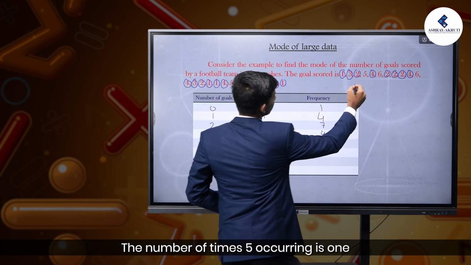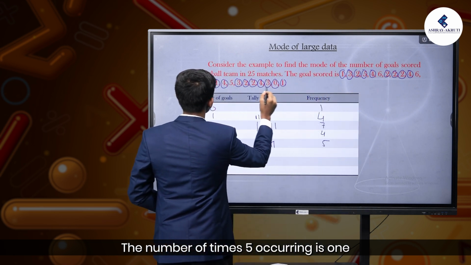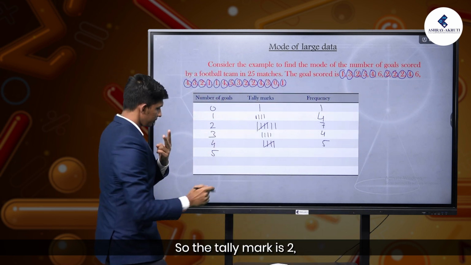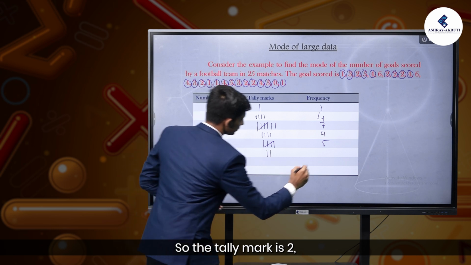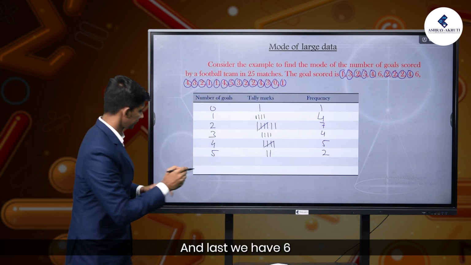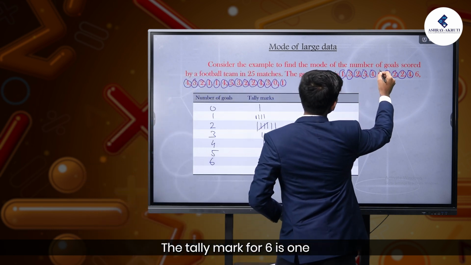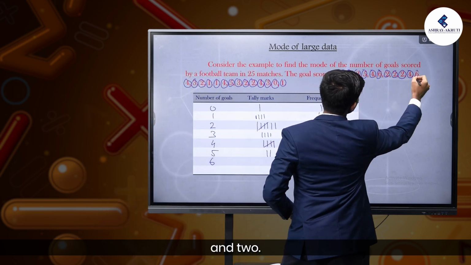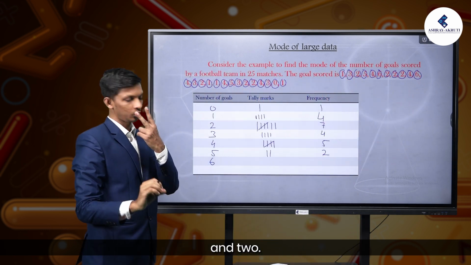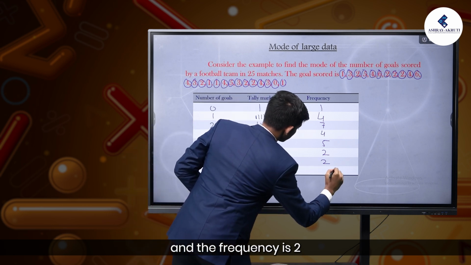The number of times 5 occurs is 1 and 2. So the tally mark is 2 and the frequency is 2. And last, we have 6. The tally mark for 6 is 1 and 2. The tally mark is 2 and the frequency is 2.